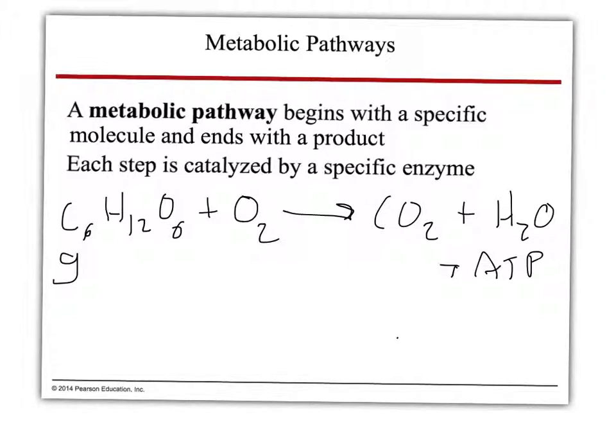But that doesn't happen in one step, okay? In your body, you're not just burning glucose like you add heat to a sugar cube on the stove and it burns, it turns black, whatever it might be, okay? No, that doesn't happen in your body. There are stepwise reactions that change the stored energy found in glucose into usable parts so that it can be saved in terms of ATP.